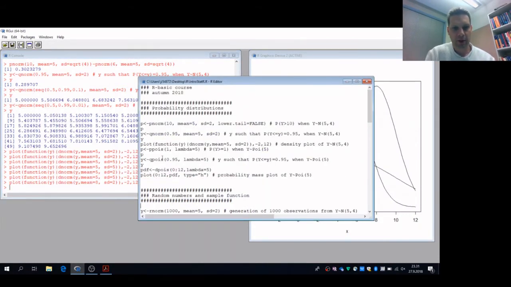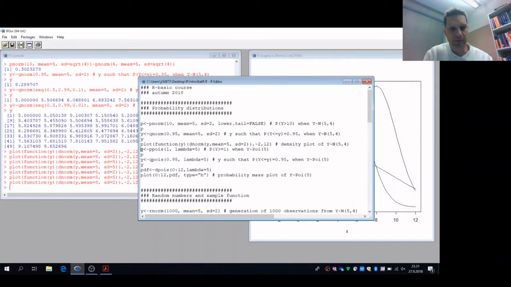So we can go to the next questions, which are if we do the same things for the Poisson distribution. The Poisson distribution is used in a case where a random variable y can have integer values, that is values like 0, 1, 2, 3, 4, and so on. So, for example, if we have lambda set in a Poisson distribution equal to 5, it means that the population mean is 5.